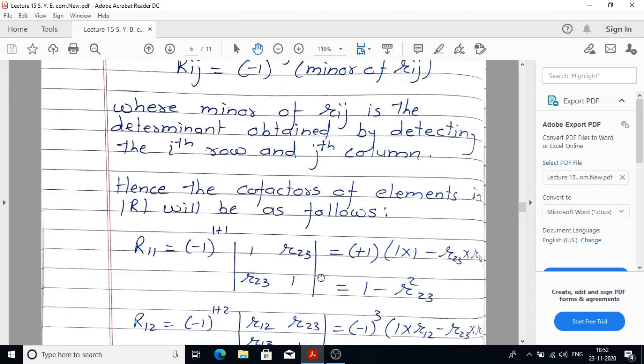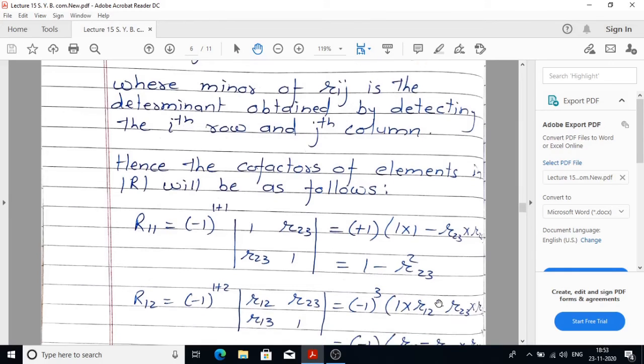If I want to solve this, it becomes minus 1 raised to 2, which is nothing but plus 1, into 1 into 1 minus R23 into R23. So we can say that it is equal to 1 minus r square 23.